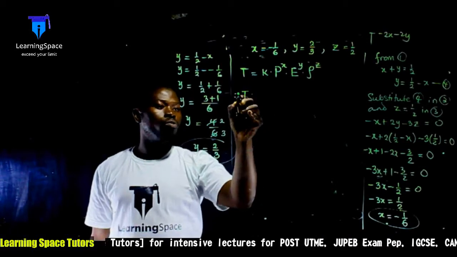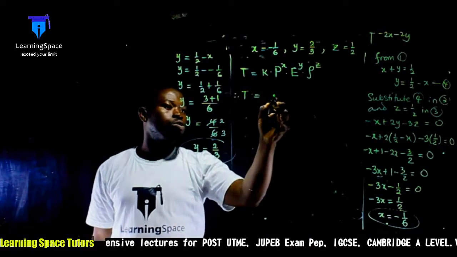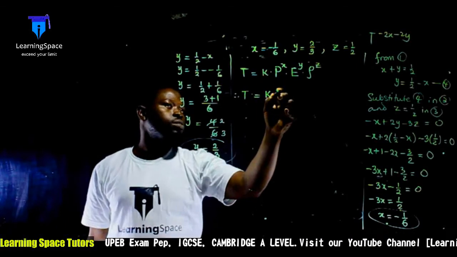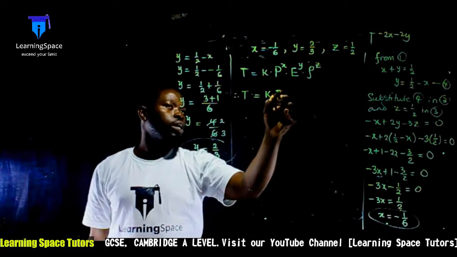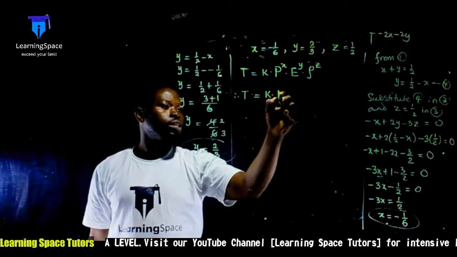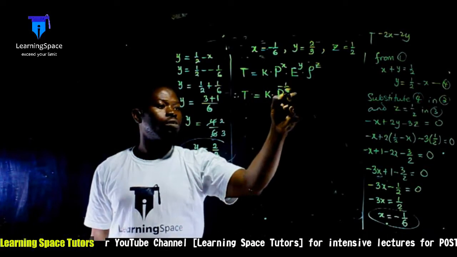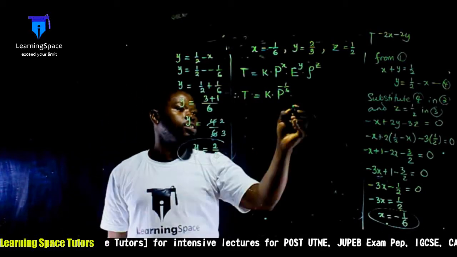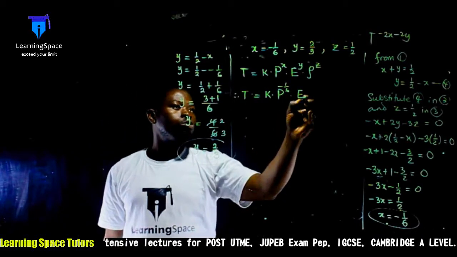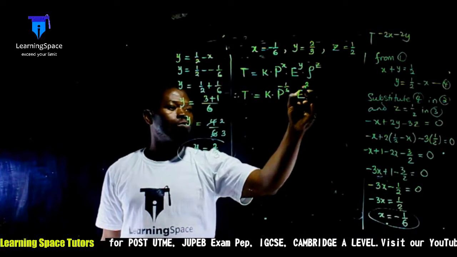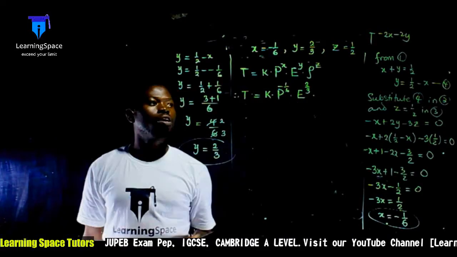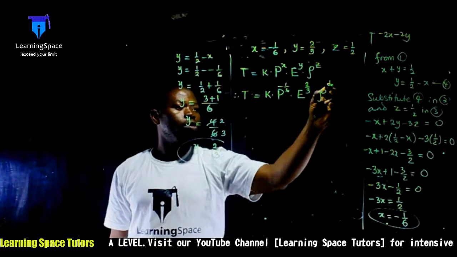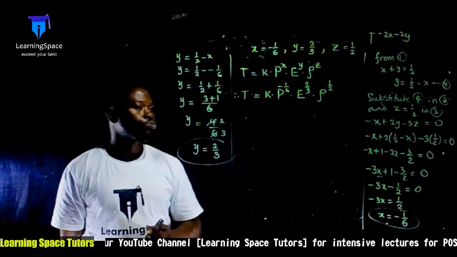So therefore we can have T equal to p raised to power x, that's minus 1 all over 6, dot our blast energy E raised to power y, which is 2 all over 3, dot our density rho raised to power z, that's 1 all over 2.